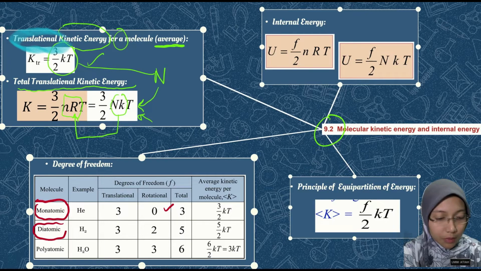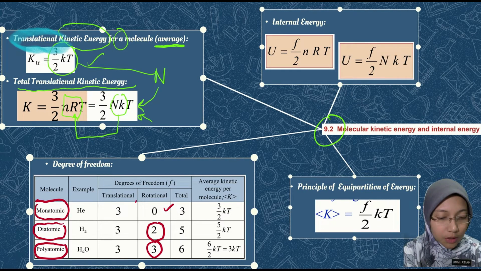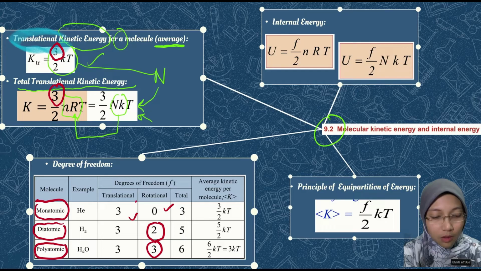A diatomic gas molecule will have 2 possible ways it can rotate, and a polyatomic gas has 3. Then we look at the translational degrees of freedom, which is 3 for all types of gases: 3 for monoatomic, 3 for diatomic, and 3 for polyatomic gas.